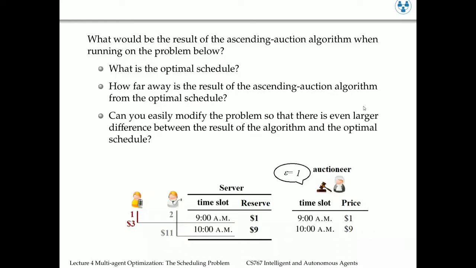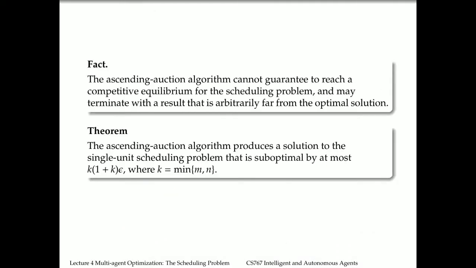So that's a bad scenario. I also invite you to work through this example yourself and see what I just claimed. So let me just summarize the facts that I listed above. The ascending auction algorithm cannot guarantee to reach competitive equilibrium for the scheduling problem, and may terminate with a result that's arbitrarily far from the optimal solution.